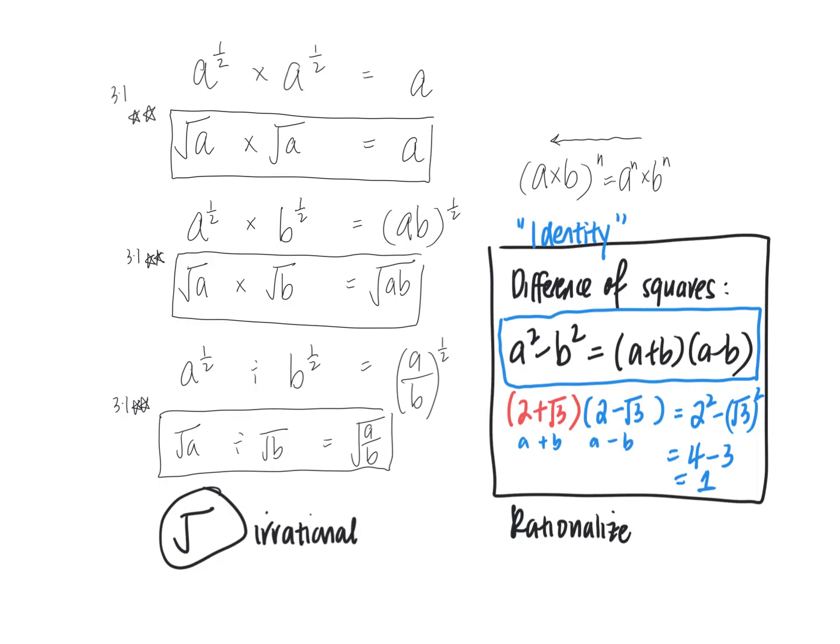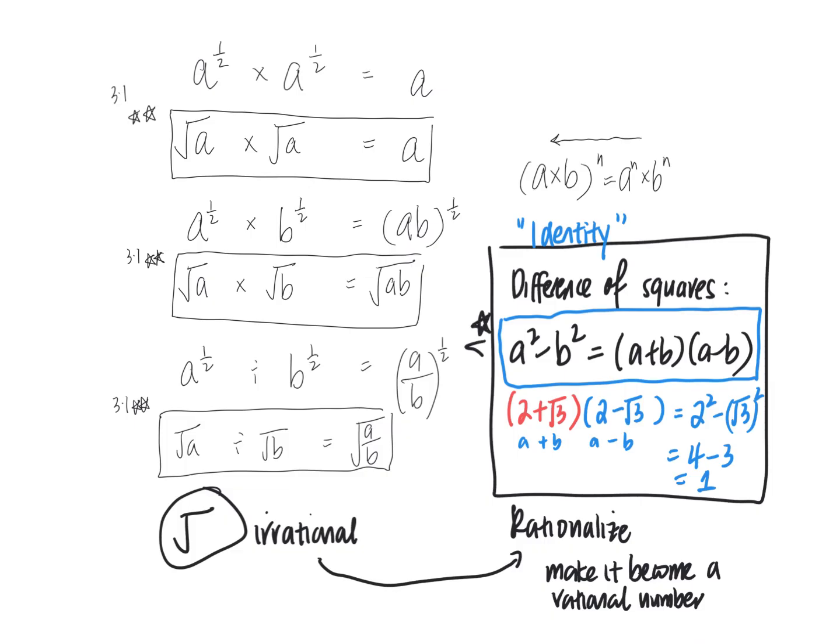Okay, so to rationalize is to make it become a rational number. Rational not as in logical, but any number that can be expressed as a fraction is called a rational number. So when we want to get rid of the square root, we are trying to rationalize it.